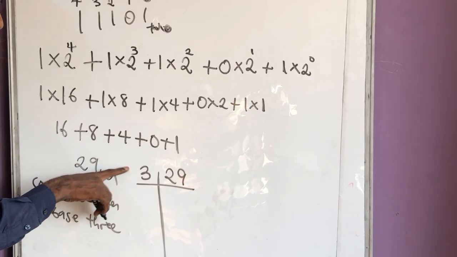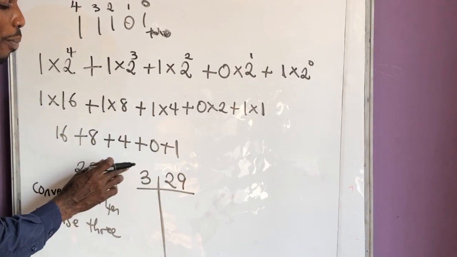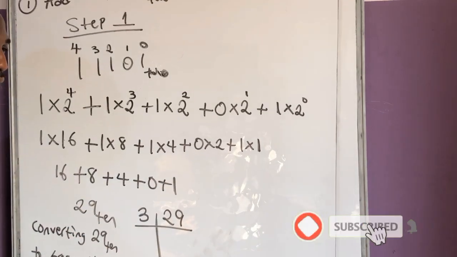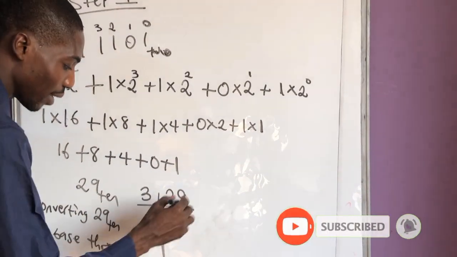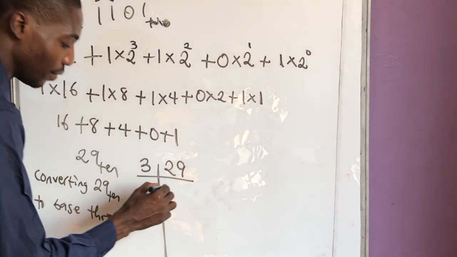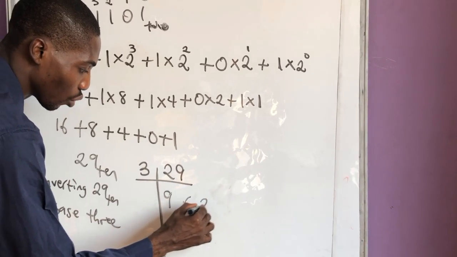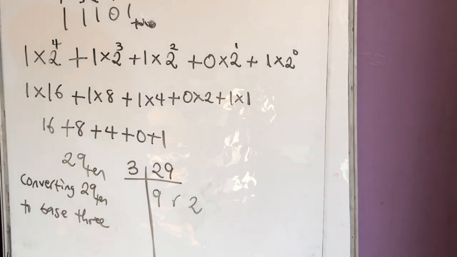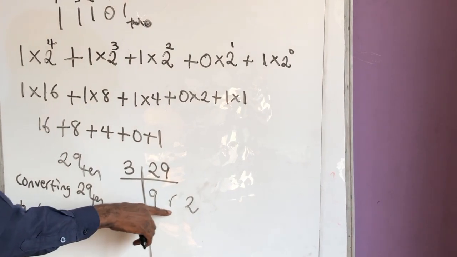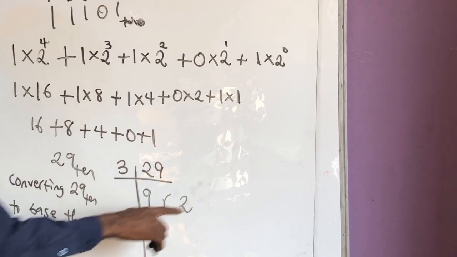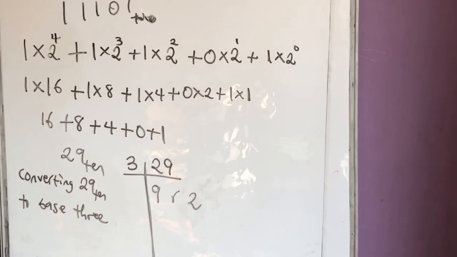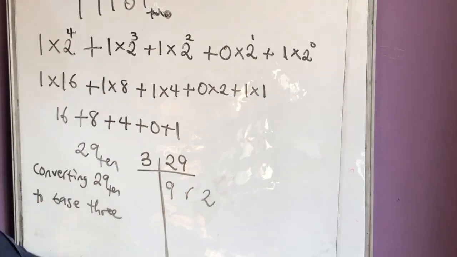So 3 divided by 29. That is, how many 3 can you see in 29? That is going to give us 9, remainder 2. That's how you are going to write it. This R stands for remainder, and this one is 2. Then you continue using 3 all through.